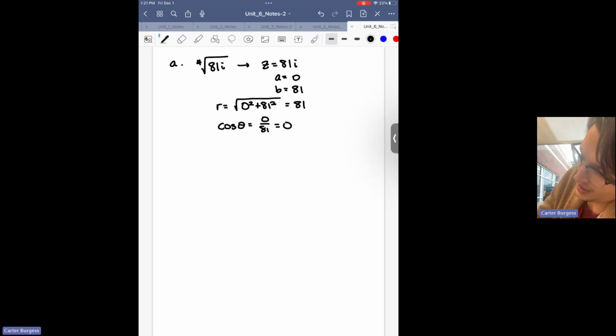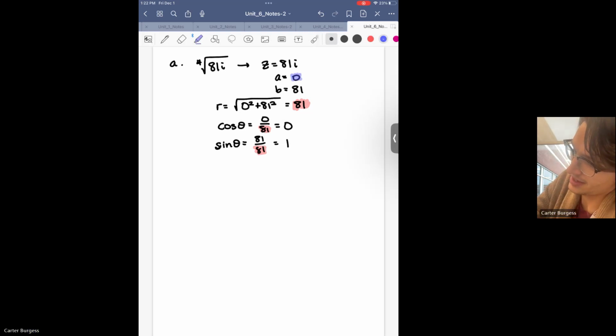And sine of theta is going to be 81 over 81, which is 1. So we've got r as 81, a as 0, and b as 81.